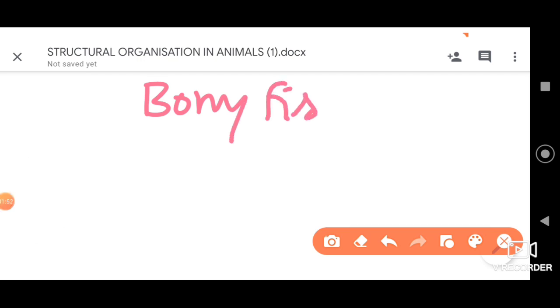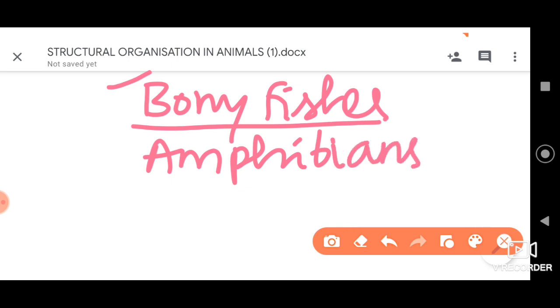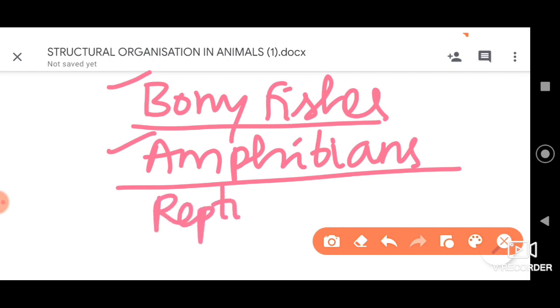There are two types of fishes, as I said: for example, we discussed that a shark completely has cartilage as its skeleton, but in bony fishes the endoskeleton is made up of bone tissue, as well as in tetrapods, that is amphibians like frogs. The same goes for reptiles, birds and mammals.